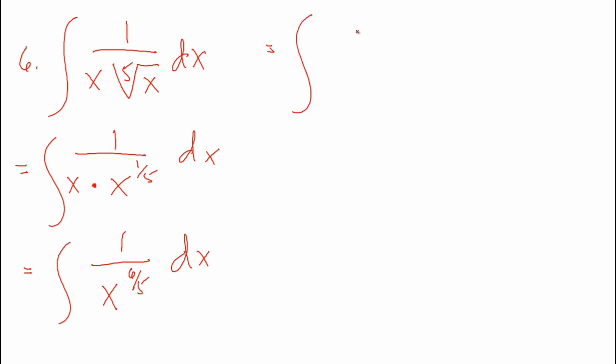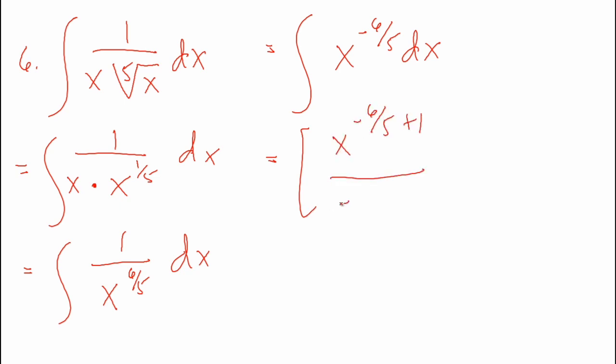So we can rewrite it finally to x raised to negative 6 over 5 dx. And by that, we can now integrate directly, and it becomes x raised to negative 6 over 5 plus 1 over negative 6 over 5 plus 1. Of course, don't forget to put plus c, your arbitrary constant. Without plus c, your answer is wrong because we are dealing with indefinite integrals.